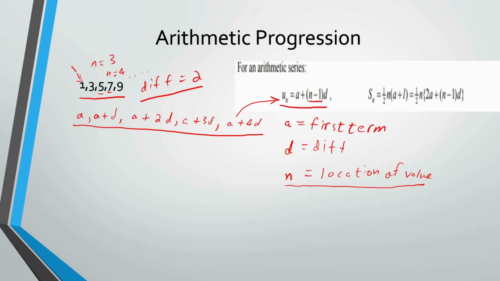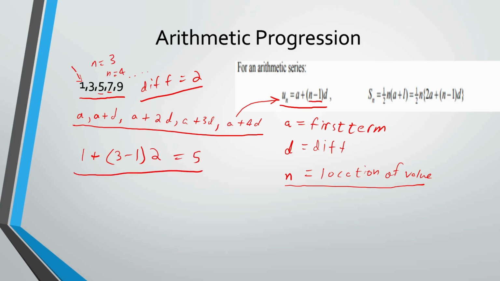Using its location, I'm going to find 5. So 1 plus 3 minus 1, which is 2, into 2, gives me 5. This is how you find the value if you are given the location, or vice versa.